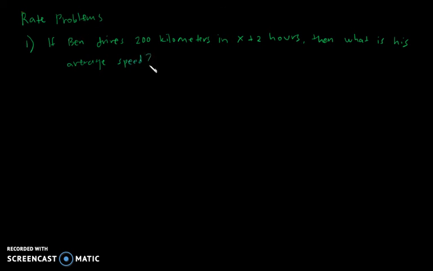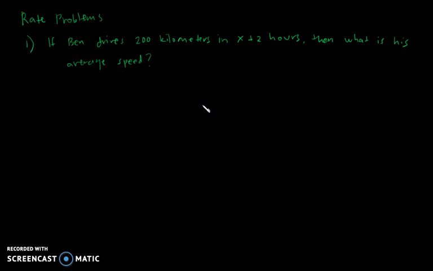Well, this is some sort of science thing. As you all know, math is the language of science. So therefore, I know that we are able to solve this problem. So if Ben drives 200 kilometers in x plus 2 hours, then what is his average speed?